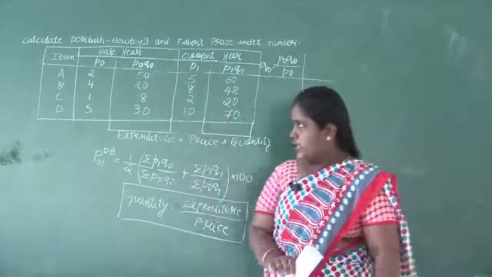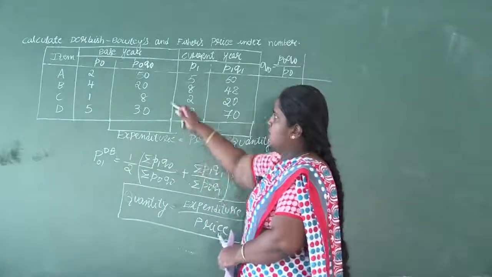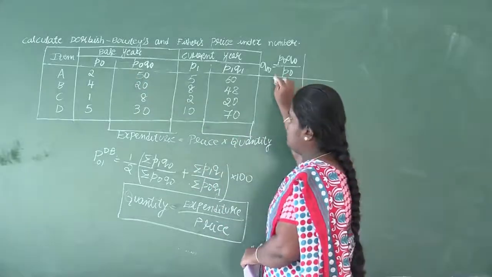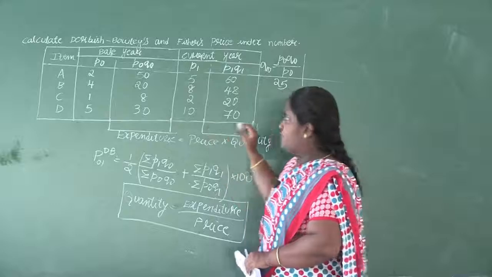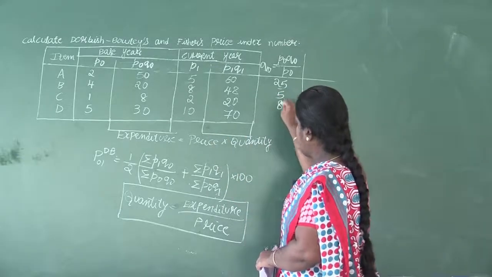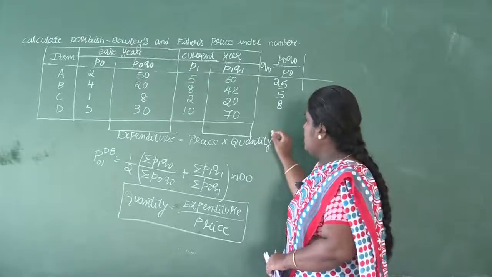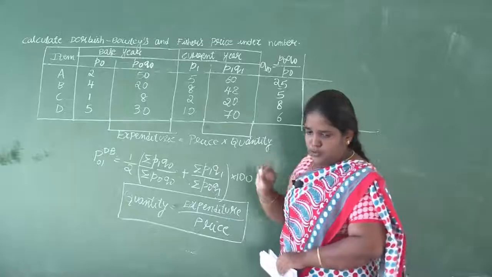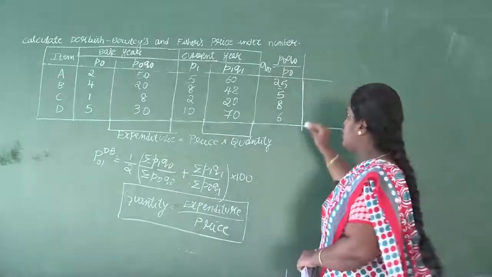Now find the quantity of the base year. 50 divided by 2 is 25. 20 divided by 4 is 5. 8 divided by 1 is 8. 30 divided by 5 is 6. We have Q0.